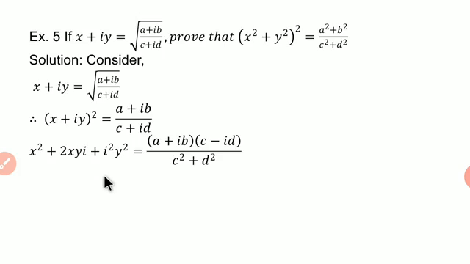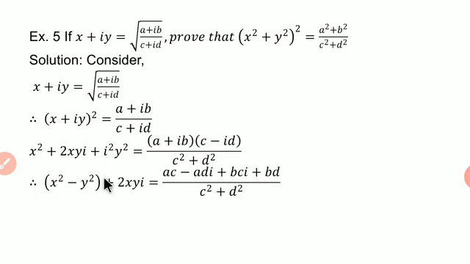So using that value, we get x square minus y square plus 2xyi is equal to this product: ac minus adi plus bci minus i square bd, but the value of i square is minus 1, so it becomes plus bd, divided by c square plus d square.